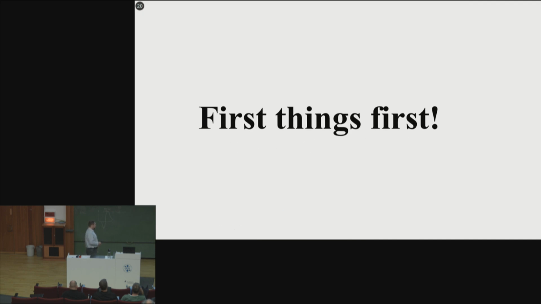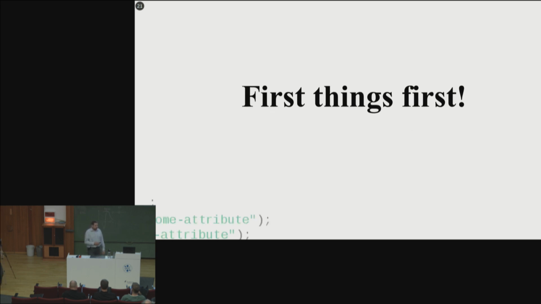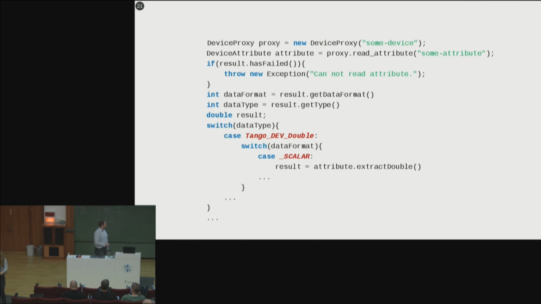But before doing this, I have to say that if you come to a scientific field, or maybe any other field, sometimes you end up using libraries with this API, and this bunch of code is just to read a single value from a device. As you imagine, when you see this code, you are stressed, because you realize you have to write it a lot of times and you don't want to do it.